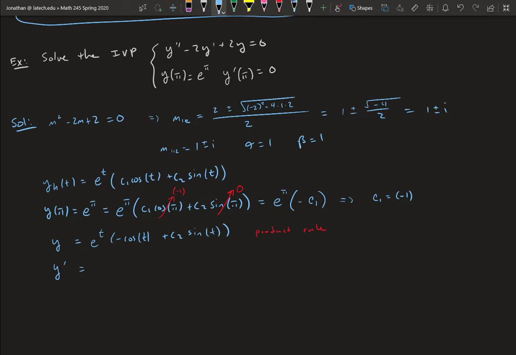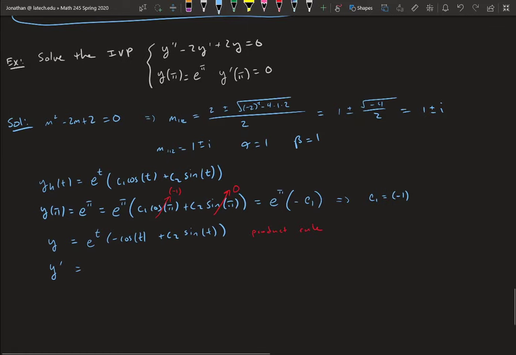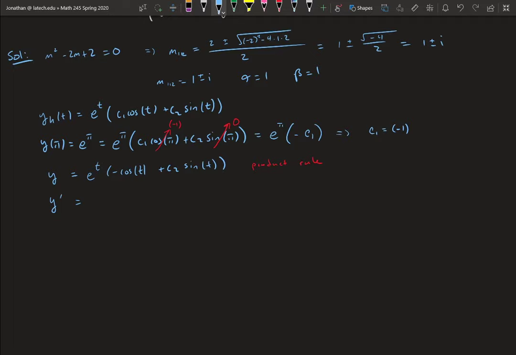Product rule is going to be e to the t times negative cosine t plus c2 sine t, plus e to the t times the derivative of the second factor, which is going to be sine t plus c2 cosine t.